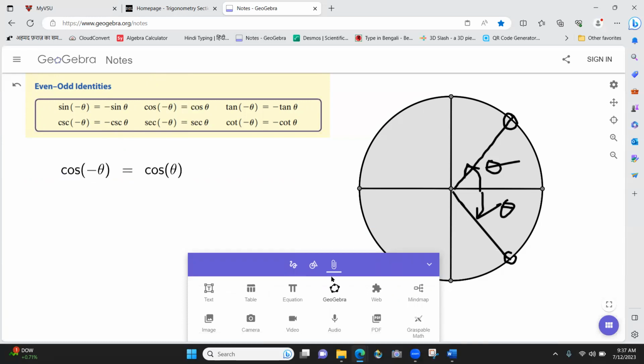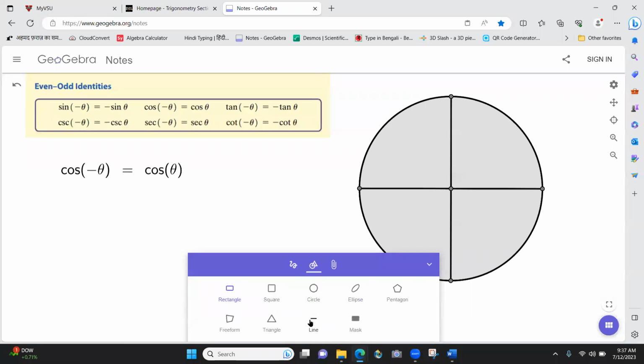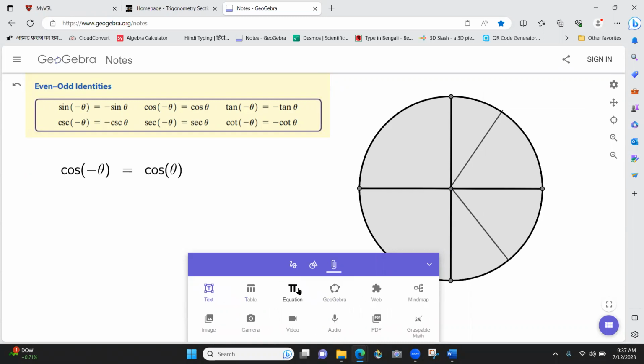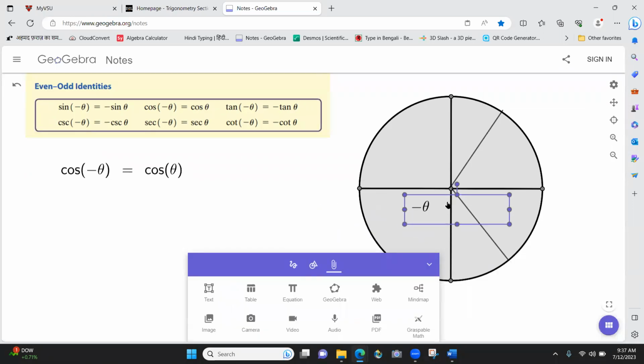Sine theta. How does that work for sine theta? It doesn't work that way. I'll show you. So here, this is, let's say, positive theta, and this is negative theta. What's the relationship between negative theta and positive theta?